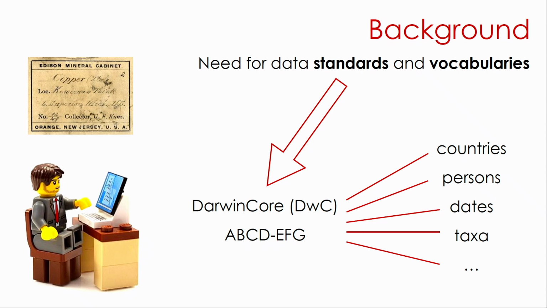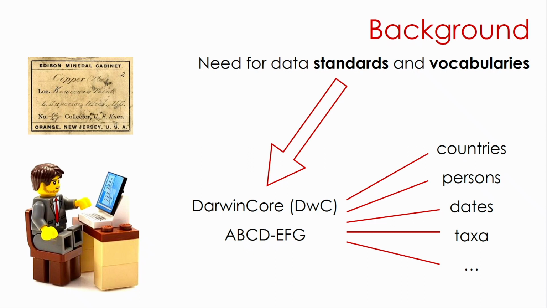I don't want to go into every single standard, every vocabulary, but I would like to show you, based on the objects, institutions, collections, and also persons, how we can do that. And I will only talk about Darwin Core and not about ABCDEFG.